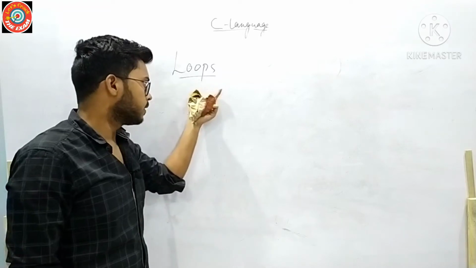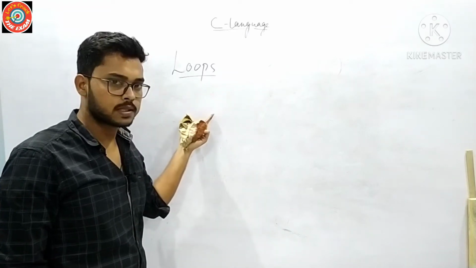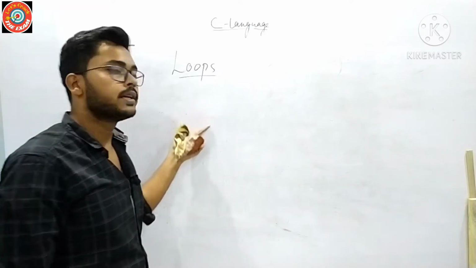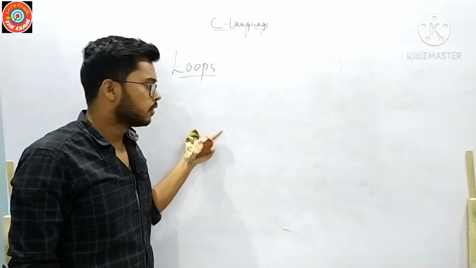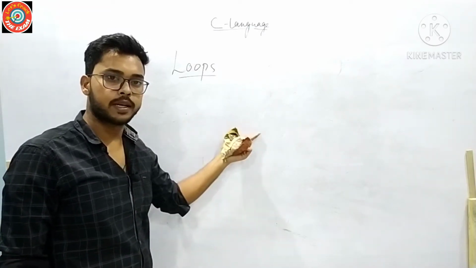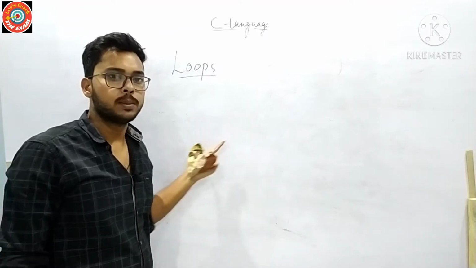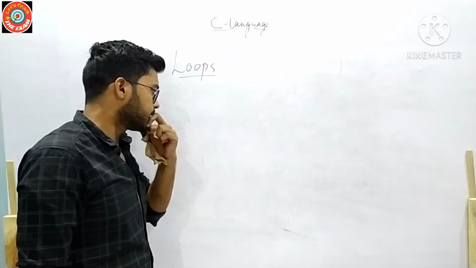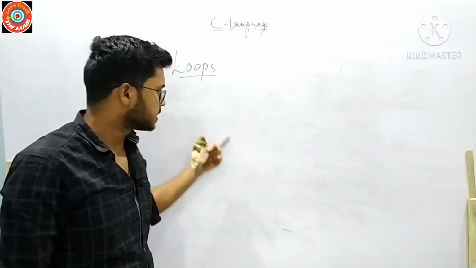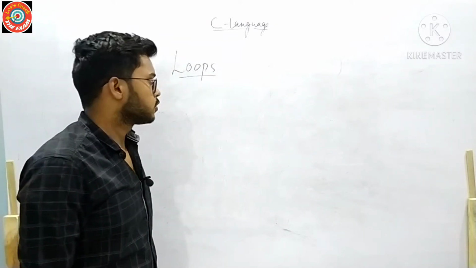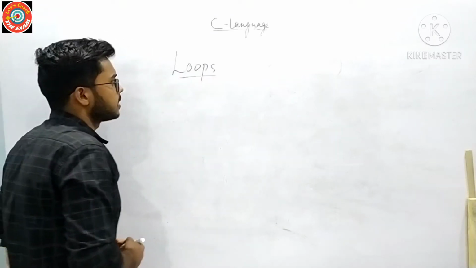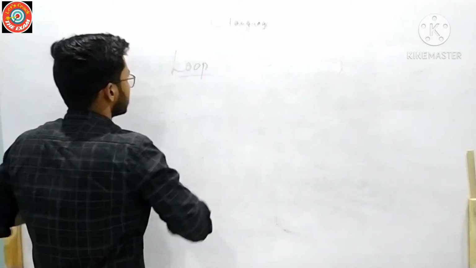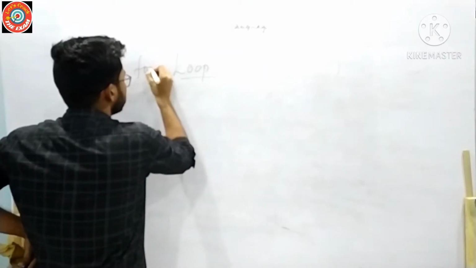If we don't use loops, we would write printf to print 1, printf to print 2, printf to print 3. So it will increase the data redundancy. For reducing the data redundancy we use loops. First we will discuss the for loop.